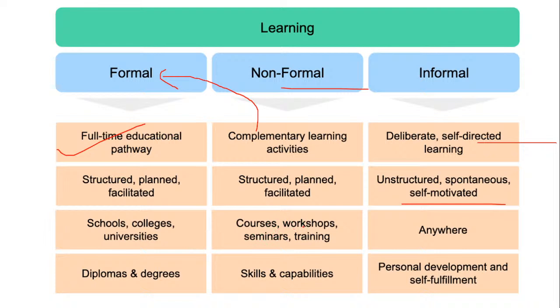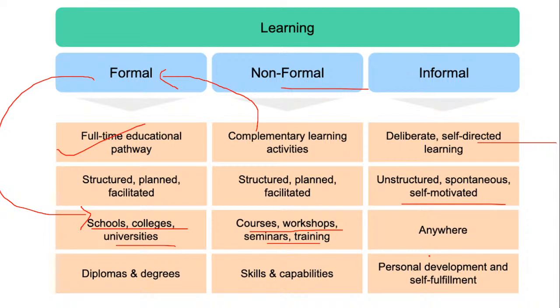Okay, fine. Now, examples of formal are school, colleges, universities. Non-formal is in the form of courses, workshops, seminars, training. Any course, workshop, seminar, training will be considered as your non-formal education.